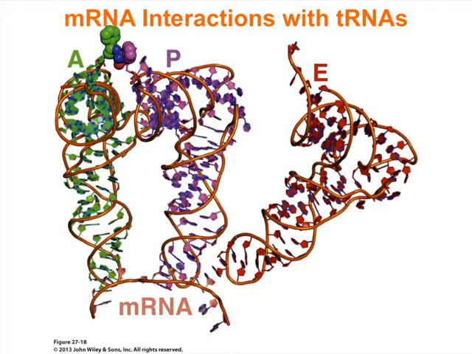We can see these three sites here. Each of these tRNAs is labeled for its position on the mRNA. The far left is the aminoacyl site, peptidyl site, and then the exit site. And you can see on the exit tRNA, it doesn't have an amino acid. It's released its amino acid.